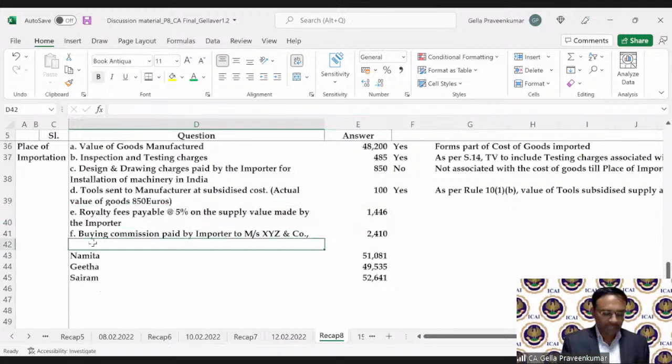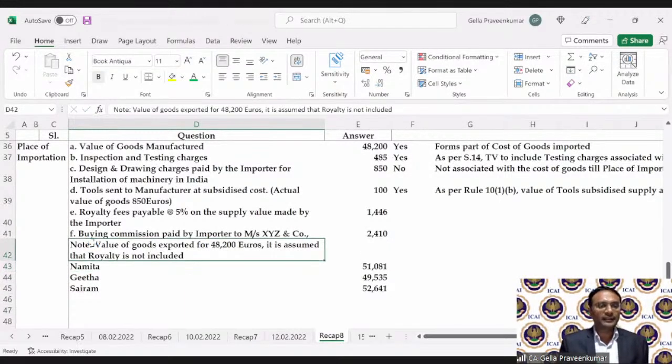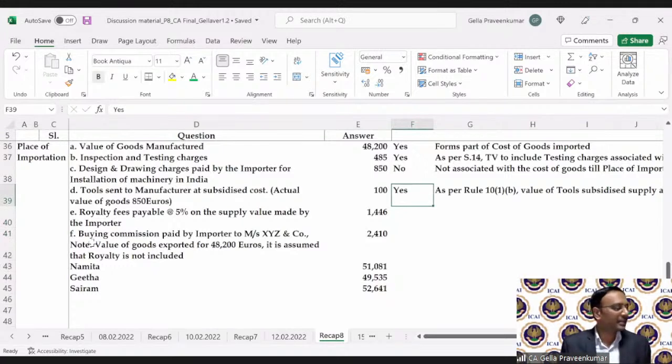So I'll make a note that the value of goods exported for 48,200 euros, it is assumed that royalty is not included. If royalty is not included, again applying my Rule 10, Sub-Rule 1, Clause C, I have to include this.